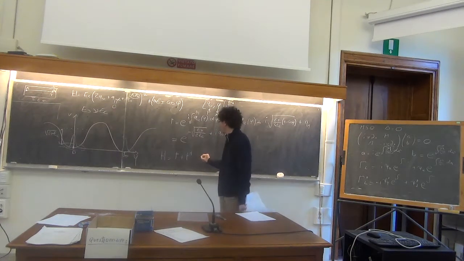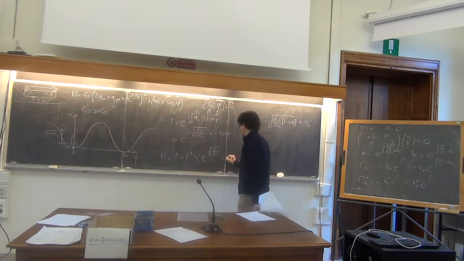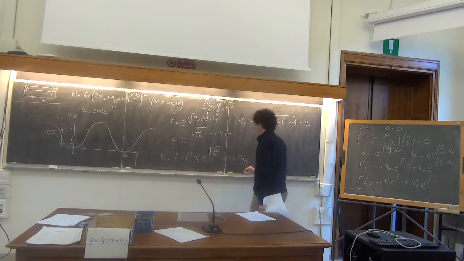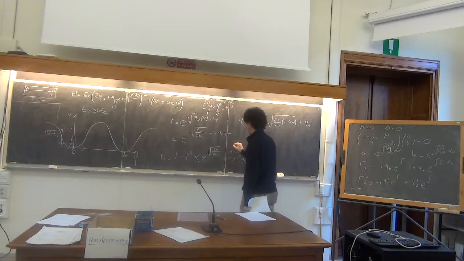And this is proportional to the square root of EJ over 8EC times this cosine of pi Q_m, but this is nothing else than i gamma left.